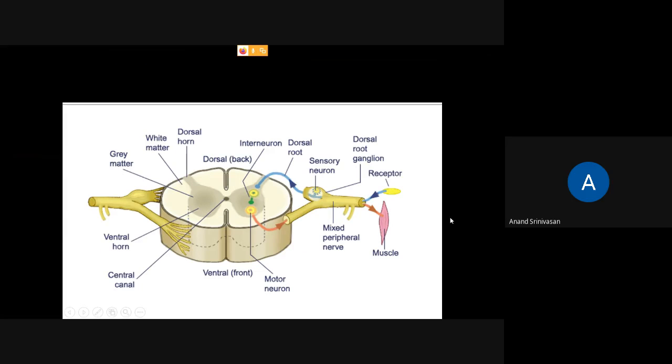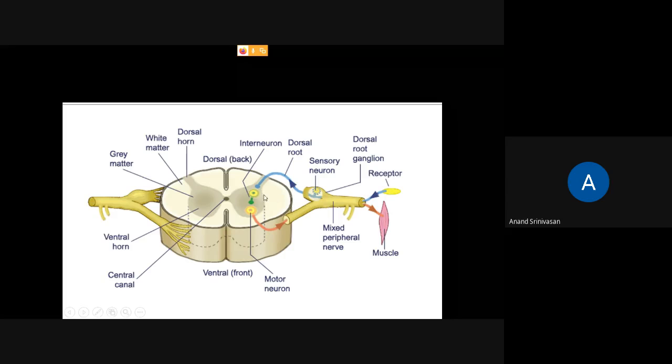So what does this mean? Suppose there is a touch sensation, if someone touches. What happens? The impulses travel through the spinal nerve and then go through the dorsal root and enter the spinal cord.